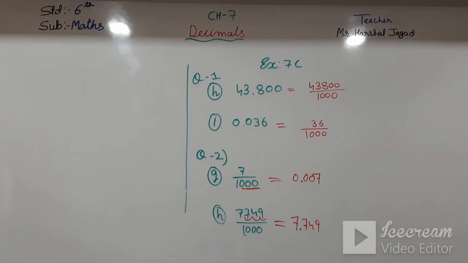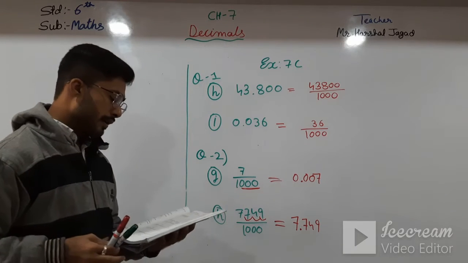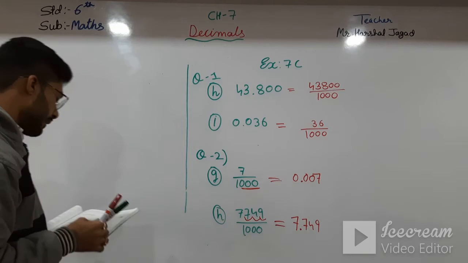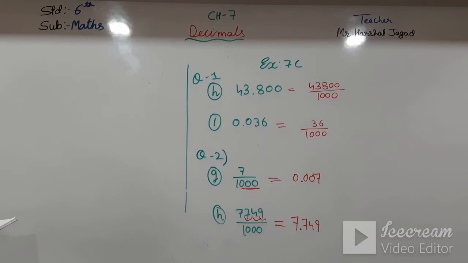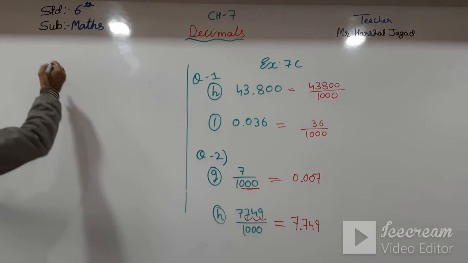In question number 3, convert the following to the decimal fraction by converting the denominator to 10, 100, 1000, etc. So here we have to convert that.